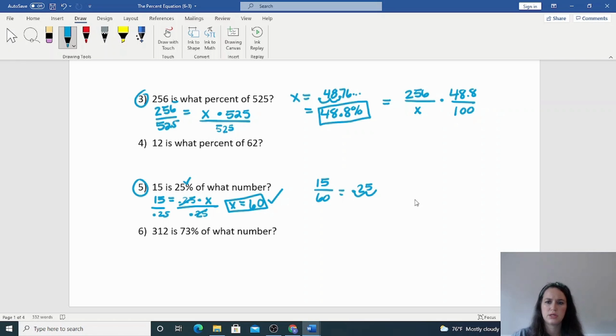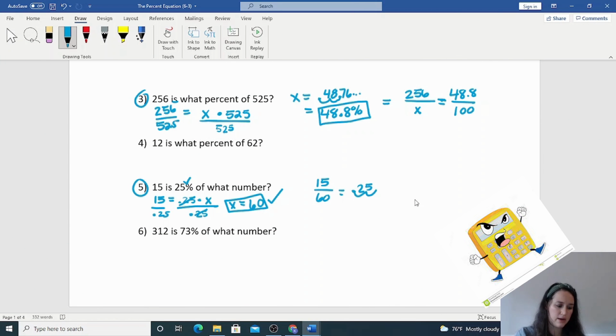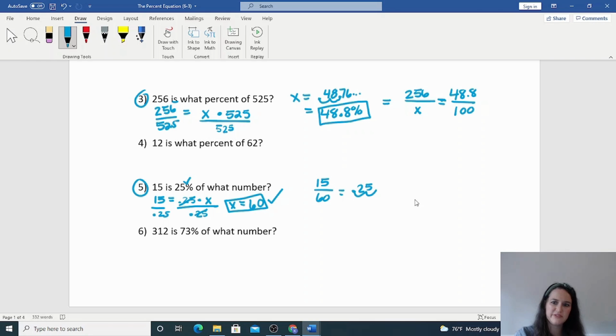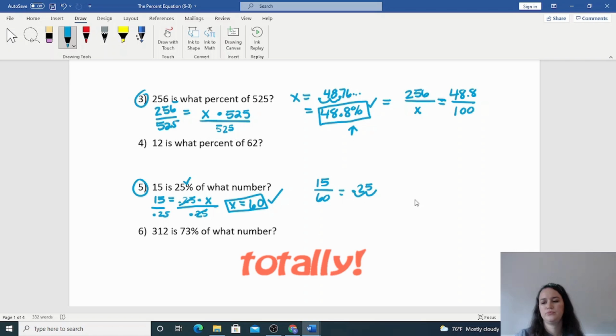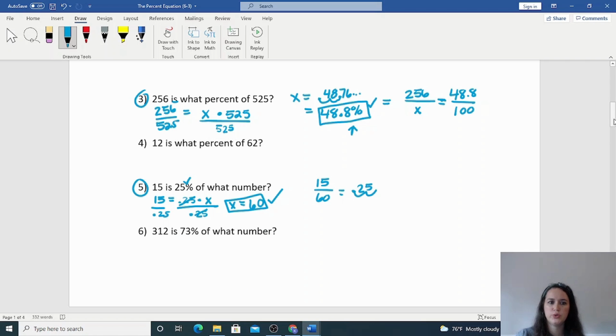I'm sorry, that's supposed to be an equal sign. Oops, my calculator just got mad. Okay, there we go. Divided by 48.8, I get 524.5. That's close enough because we rounded. We had to round right there. So sometimes when you check it, it may have a little bit of a rounding error, and that's okay. That's totally fine, okay?